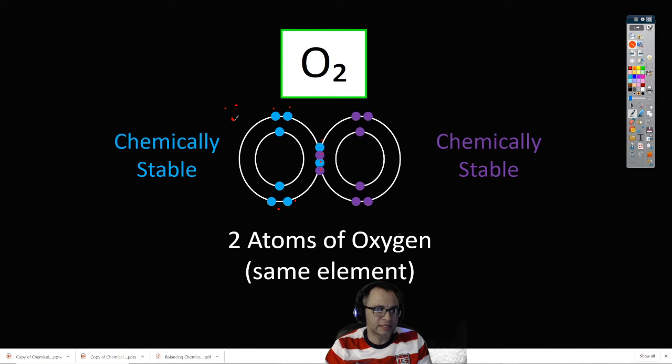He is stable and happy. Over here, 1, 2, 3, 4, 5, 6, 7, 8, he is happy as well and stable. So these 4 electrons right here end up effectively being shared between these 2 atoms. And that's also how you end up with, instead of just O by itself, O2.